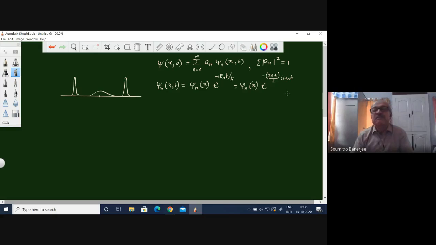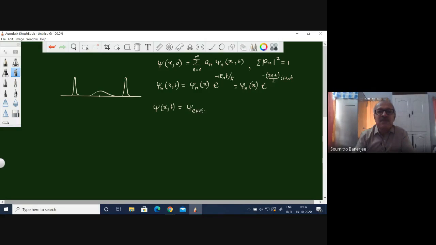So now the initial wave function can be broken up into these kind of components, and some of these components are even functions and some of these components are odd functions. So we can write the psi of x and t as a sum of the even parts and the odd parts.